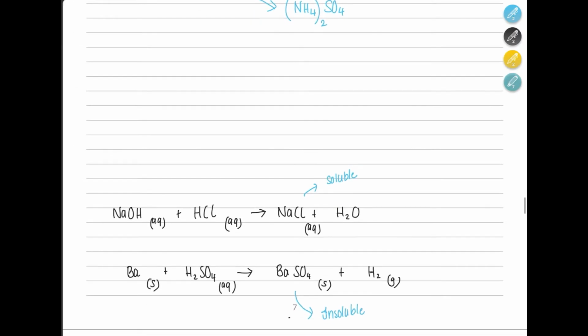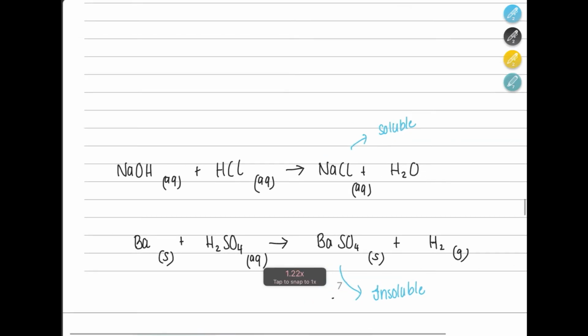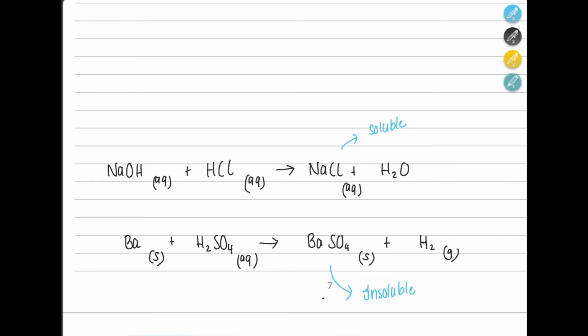Now sometimes you might see an equation like this. For example, sodium hydroxide and hydrochloric acid react and you get a salt, but with this salt you write aqueous. On the other hand, you are reacting your acid with barium, for example, but now you're not writing aqueous here anymore, you're writing solid.